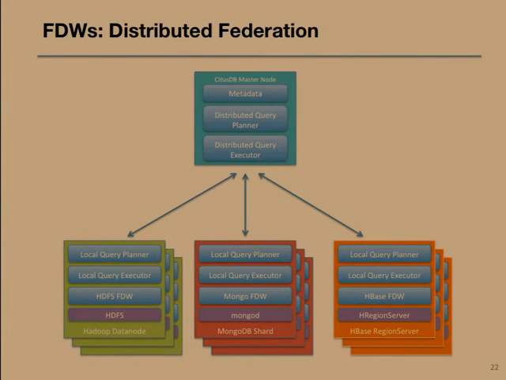So the amount of I/O that has to be done over the network is significantly reduced. So the point I'm trying to make is that there's federation and then there's distributed federation, and distributed federation is a pretty cool idea. Yes?